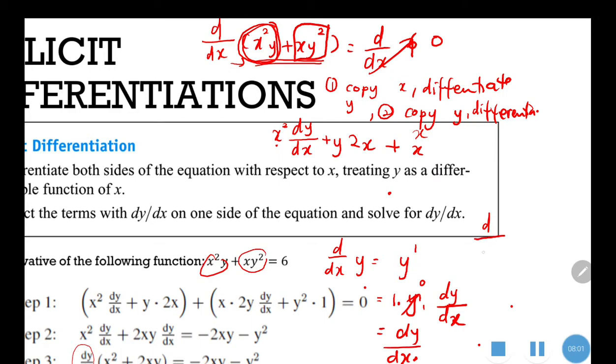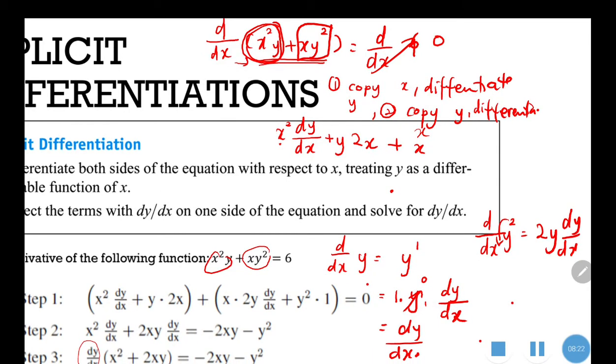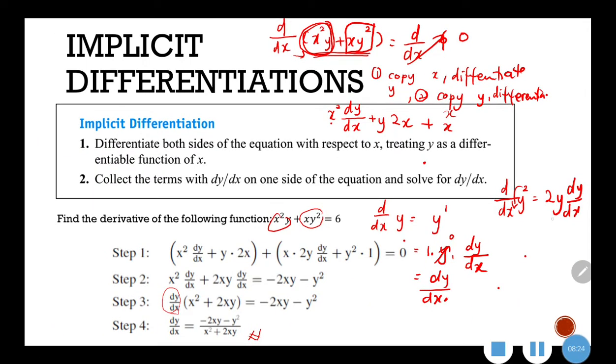So d/dx of y squared, you will get 2y dy/dx. 2 brought to the front, and then y should be to the power of 1, and that will be 2y dy/dx.